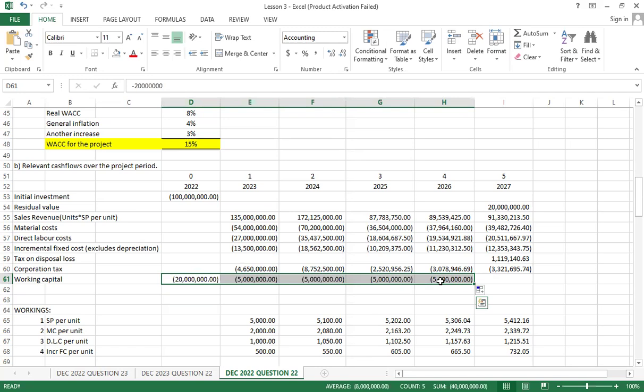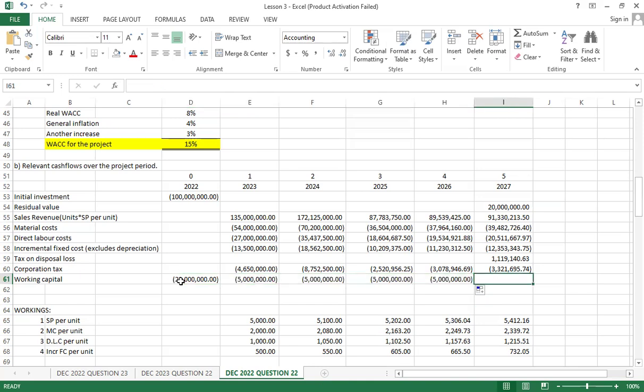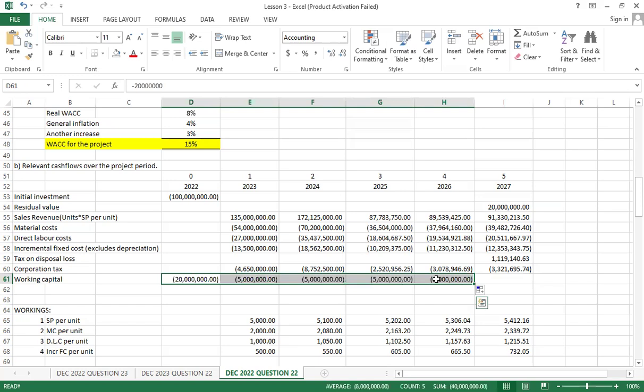Previously, we have been spending this money, and that's why it's a negative. In the last year, and by the way, you don't need to be told this, always when you have working capital, at the end of the project the money must revert. So under period 5 we will have the whole of this summation, but as a plus. To revert means to receive it back.